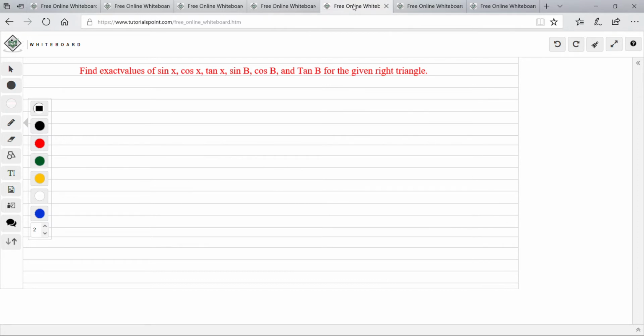So now we've got to find the exact value of sine alpha, cosine alpha, tangent alpha, then sine of beta, cosine of beta, and tangent beta for the given right triangle. By the way, this is not an x, this is an alpha, and this is not a b, this is beta. So here we are given this triangle.